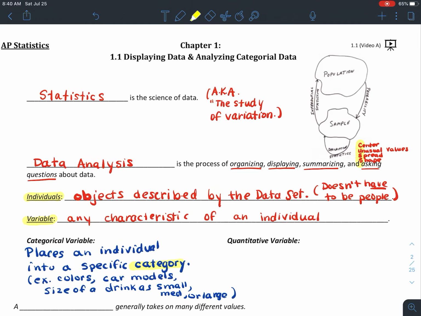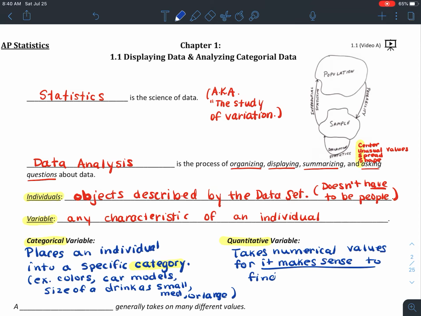Whereas a quantitative variable takes numerical values, okay? Numerical values, and then this is important, for which it makes sense to find an average.